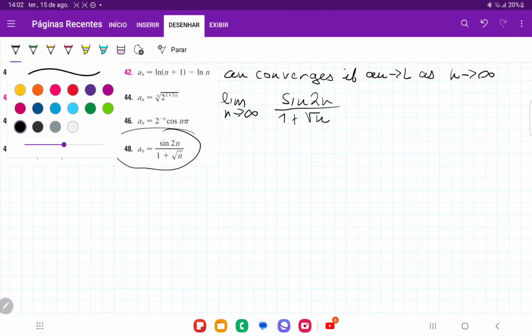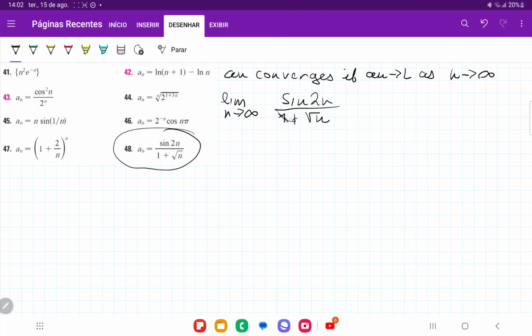And so let's actually break this down into two parts. This is the same thing as sine of 2n times 1 over 1 plus root n, just so that we see how these behave.